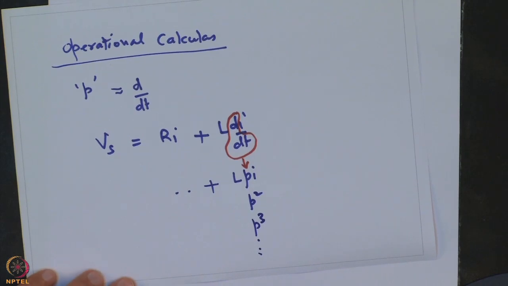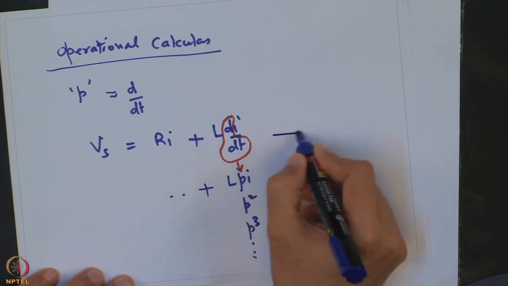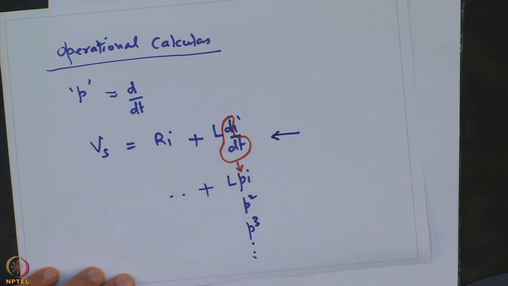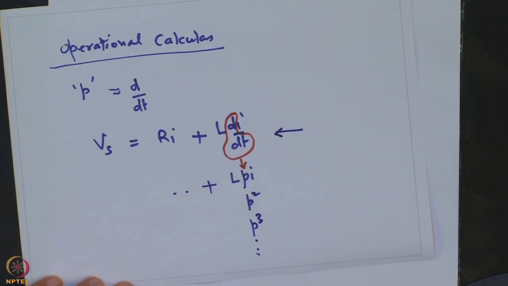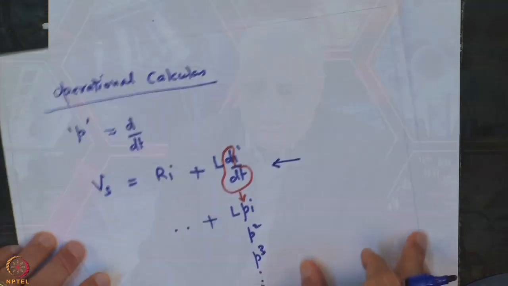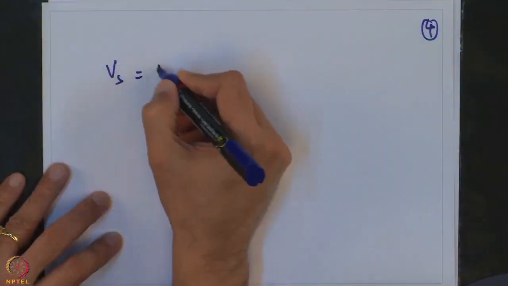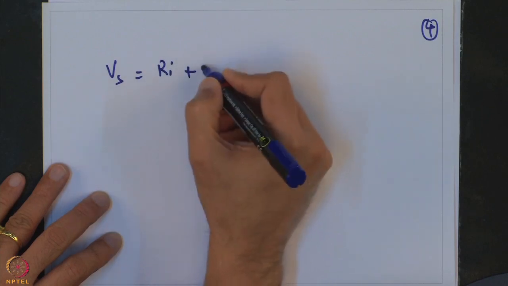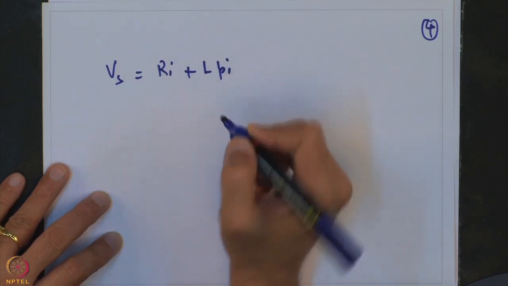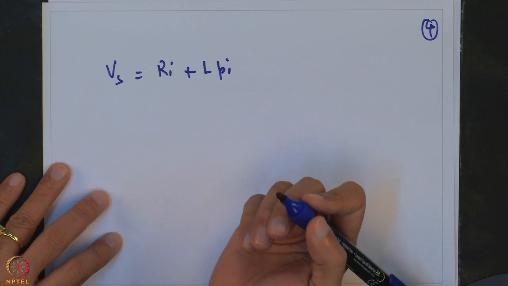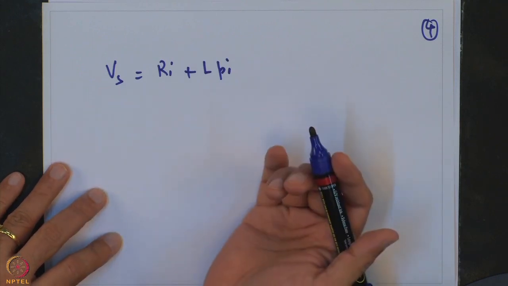Now what is the advantage of, in this case, coming back to the same equation again, what is the advantage of doing this is that now because you are able to write Vs is equal to Ri plus L Pi, actually you can deal with it as an algebraic equation.